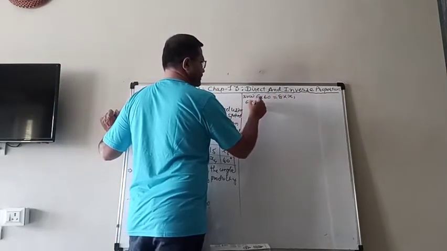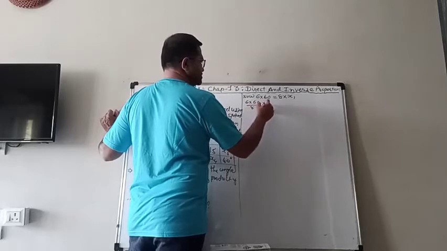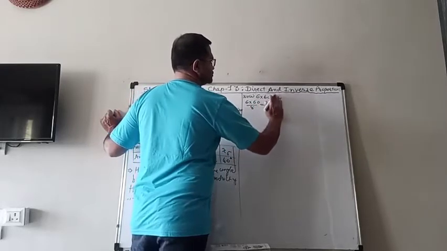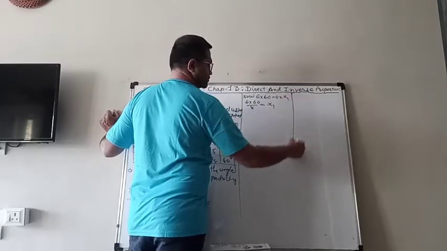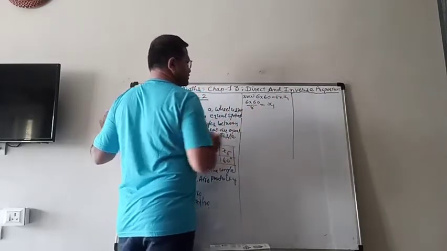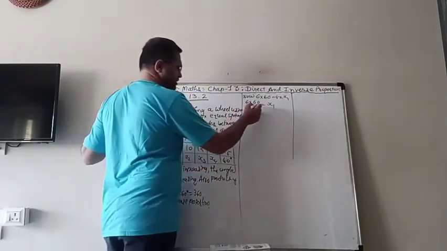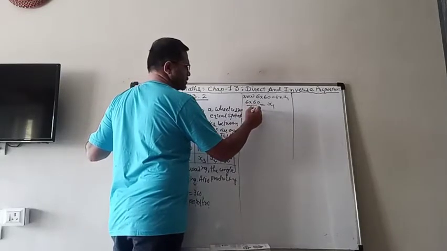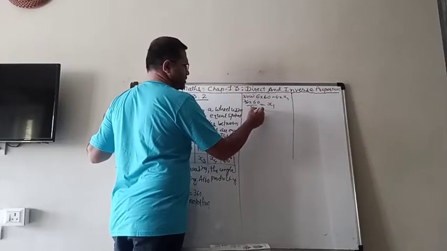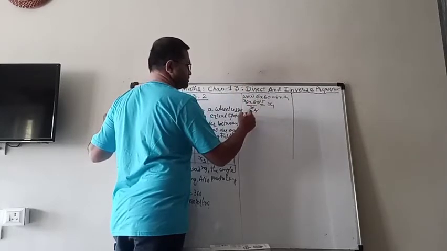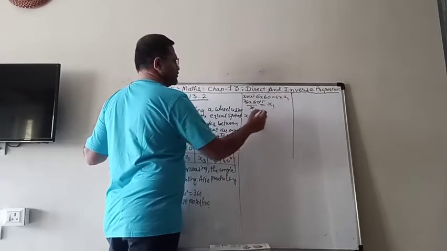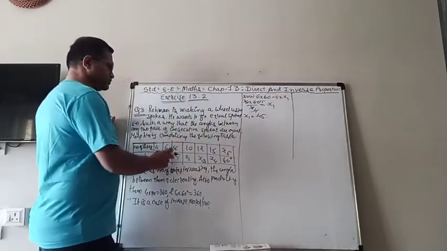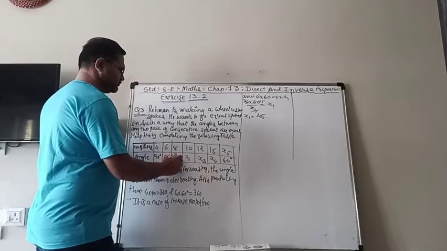So 6 multiplied by 60 upon 8 is equal to x1. So now cancellation, 4 2s are 8, 15 fours are 60. So x1 is equal to 15 threes are 45. So here we get the answer 45 degree.